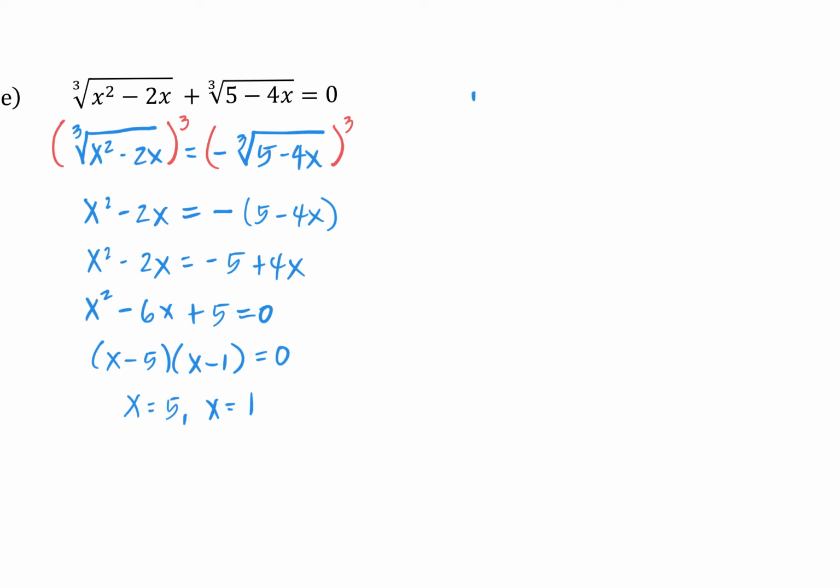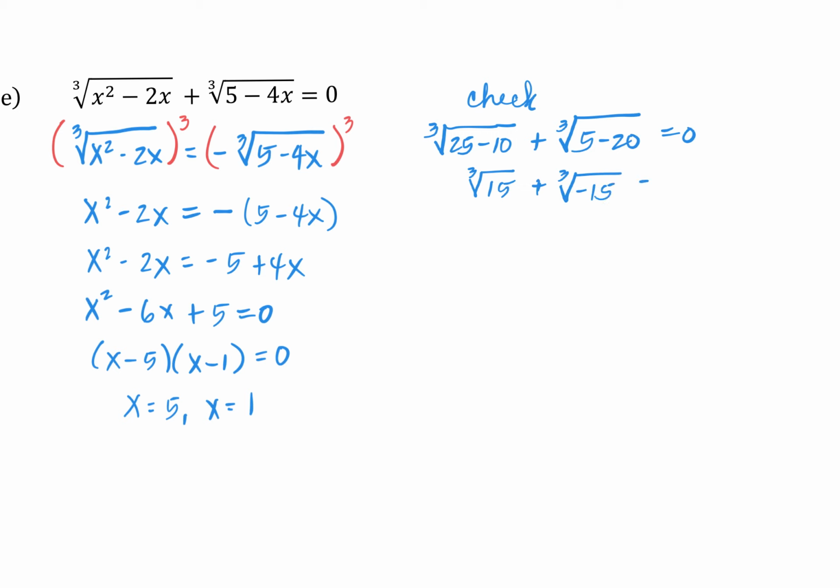Now let's go ahead and check those. If I put in 5, I will have the cube root of 5 squared, so that would be 25 minus 10, plus the cube root of 5 minus 20. Is that equal to 0? And this would be the cube root of 15 plus the cube root of negative 15.